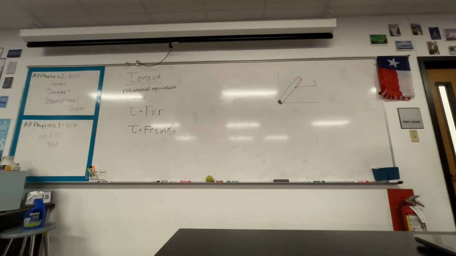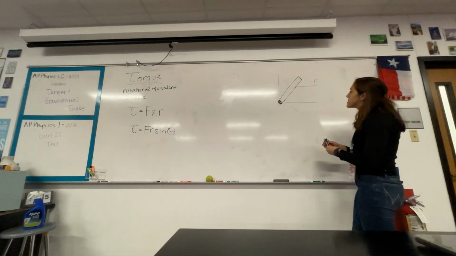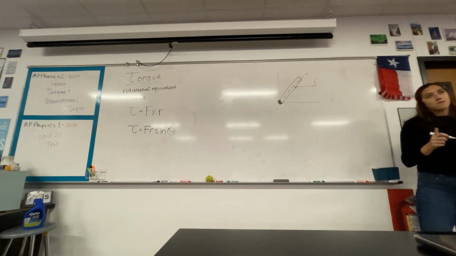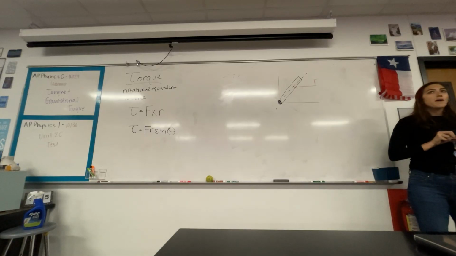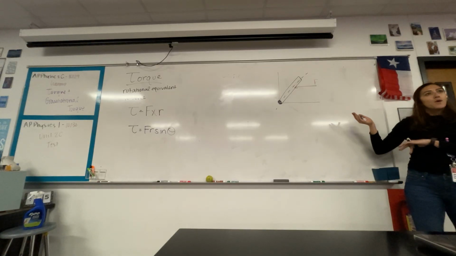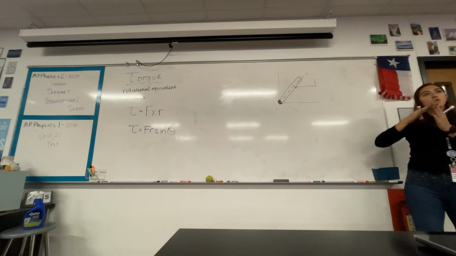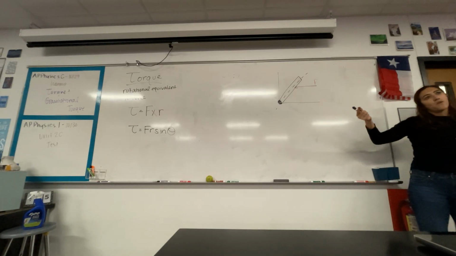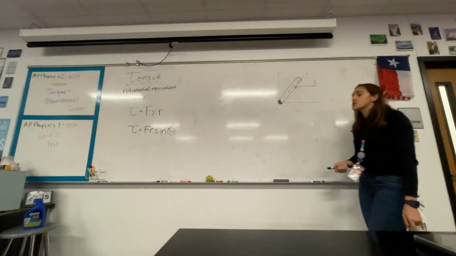Instead, we think about the distance. Instead of just saying it's a distance away, we say what's working on this pivot point is not the distance lined up with the radial line, but something else called a moment arm. The force is just a force, but how far away it's actually working, the length it's actually working on this object, is called the moment arm or a lever arm. It's going to accomplish the exact same goal.